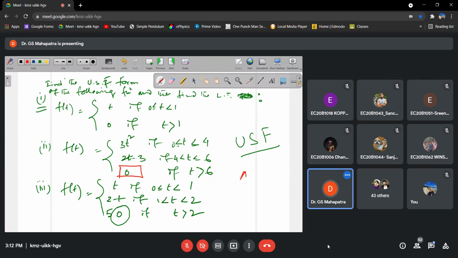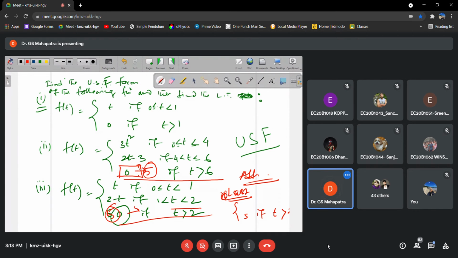Now additional discussion. If in the last line, in the second or third problem, I write 5 or 6, anything, for t greater than 2 or 6, whatever value you choose, instead of 0, then what will be the unit step function form of the function?